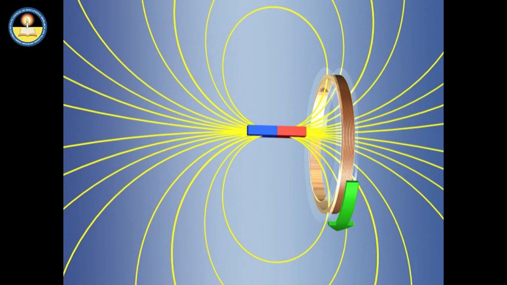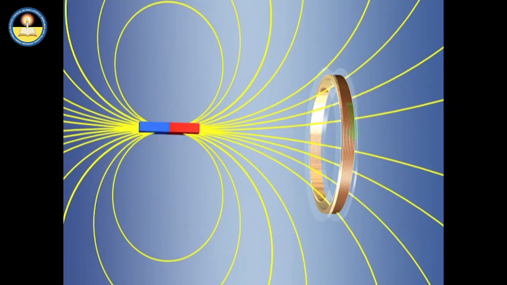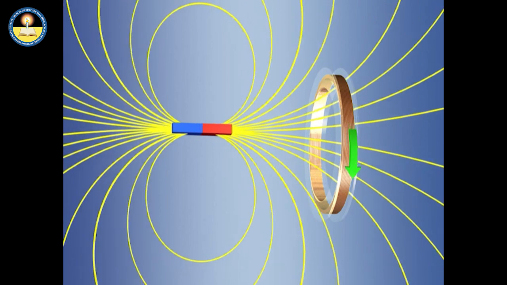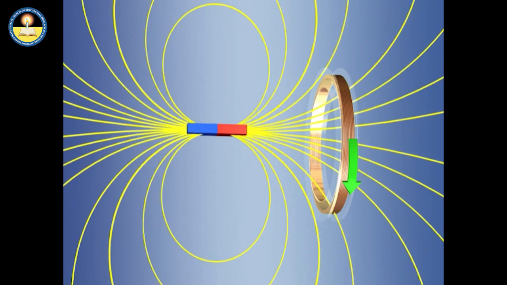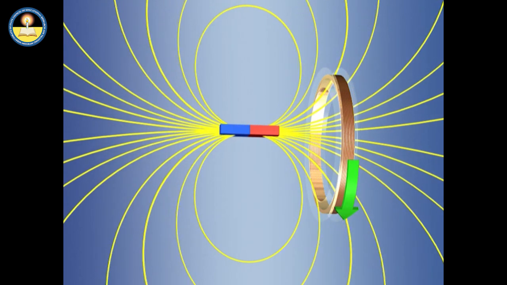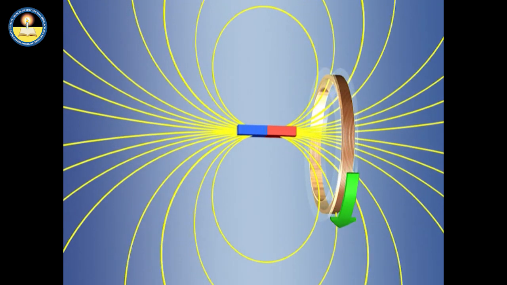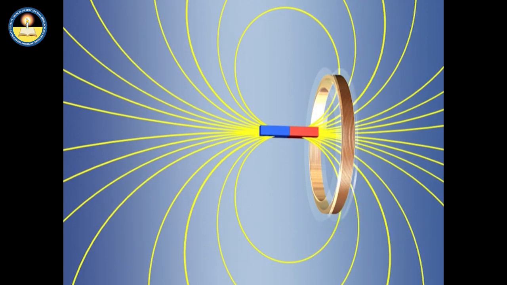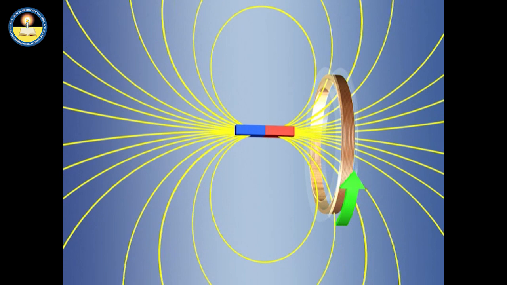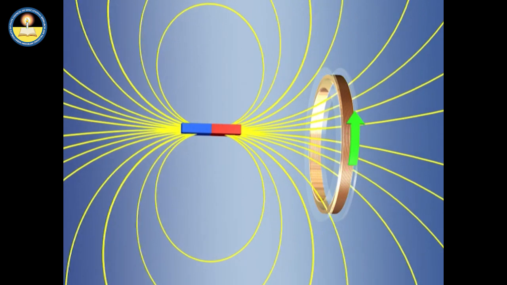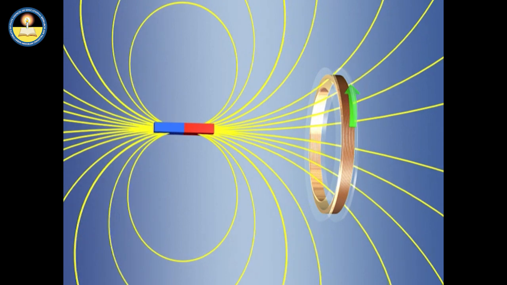It will happen so if the induced current in the coil also produces magnetic field lines from left to right, that is, the induced current flows through the coil in clockwise direction when seen from left. Similarly, when the bar magnet is moved away from the coil, the induced current will flow in anti-clockwise direction when seen from left.